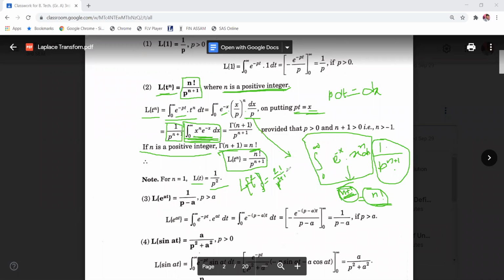Factorial 2 is 2 only, divided by p to the power 3, so 2 by p cubed. Similarly, if you want to find t to the power 3, it is factorial 3 by p to the power 3 plus 1. You simply put the value of n here. In that way, you can find the Laplace transform of t to the power n.